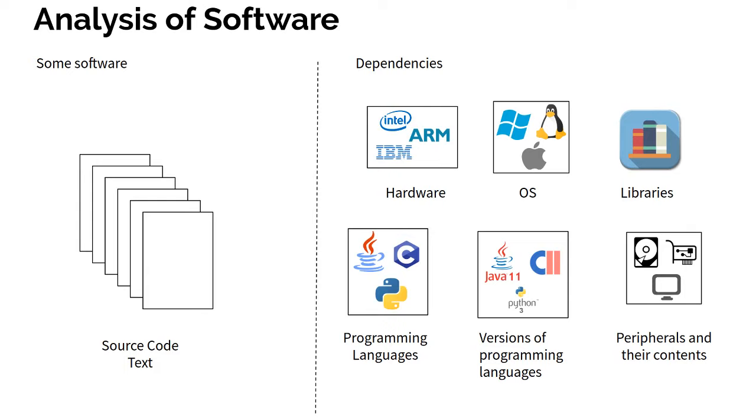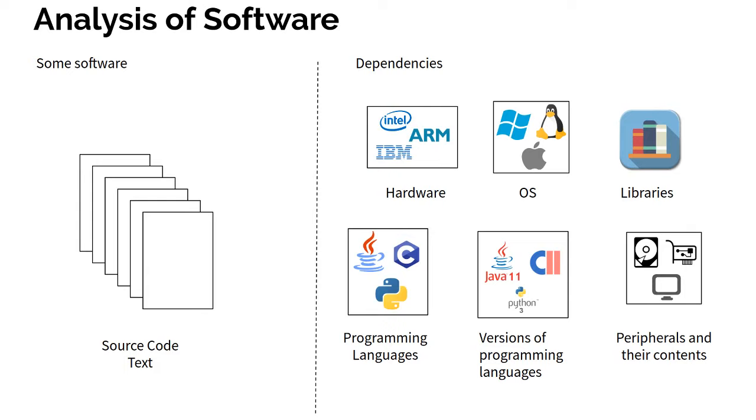This is what most people think about and work with when they do software engineering. Of course, these text files would be nothing without the dependencies that they depend on in order to work. And some dependencies are listed on the right side of the window.